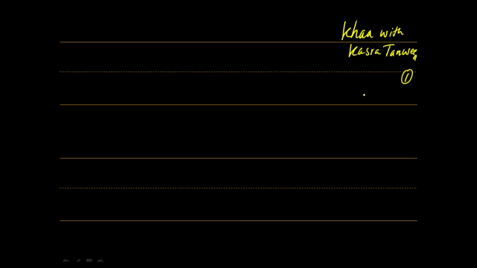Okay, so let's write the kha here. That's our kha. And then if we're going to write the kasra tanween, 2 lines below. Khin. Okay, do it one more time.